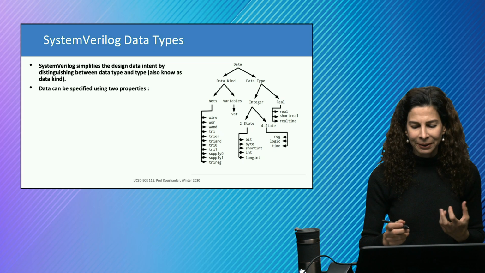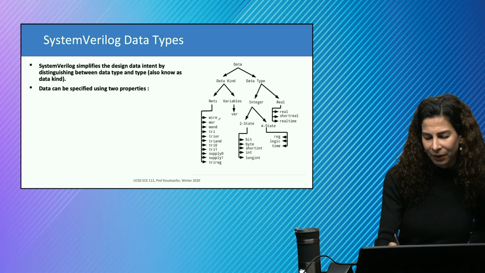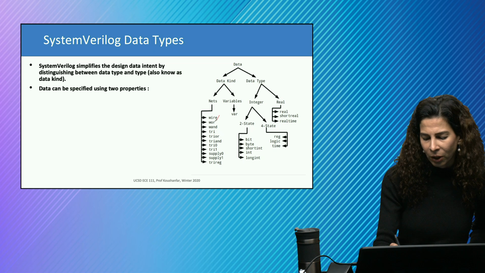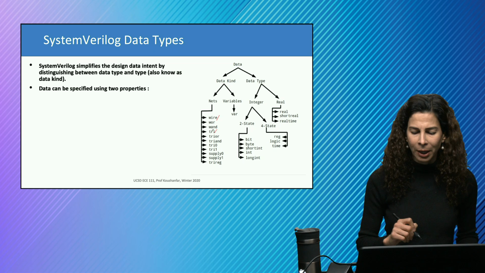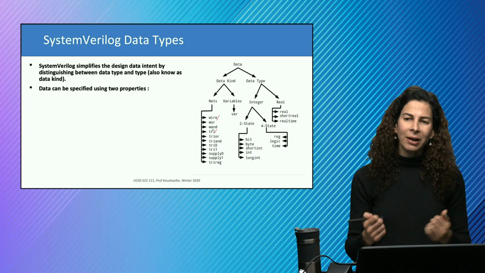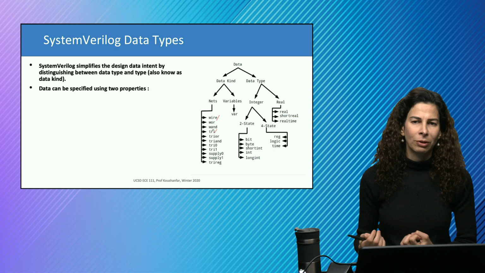But wires by themselves could have different instantiation, or nets, they have wires, but there are other constructs that are more specific. We could have tri-state and so on, that we could define nets. And variables are typically just defining for us register.